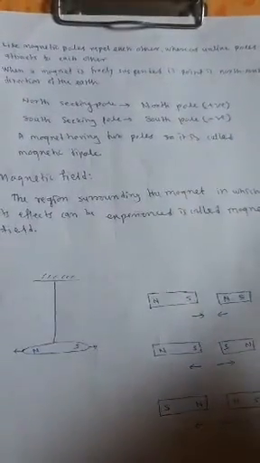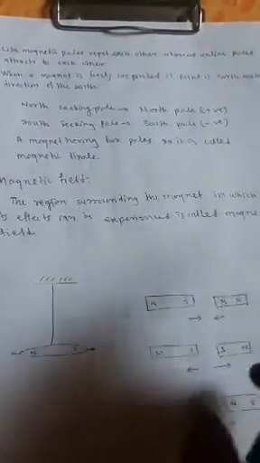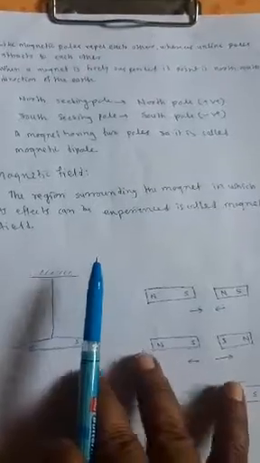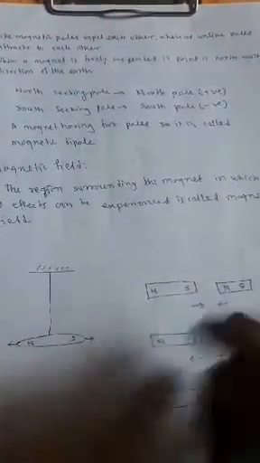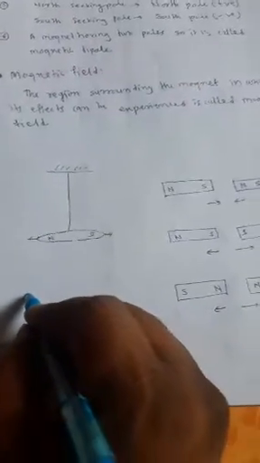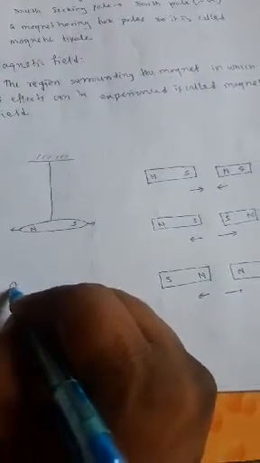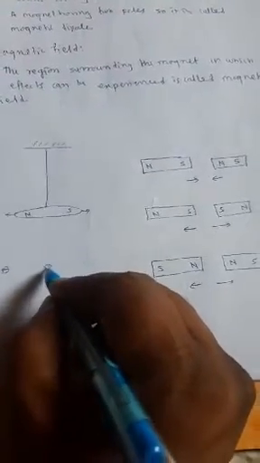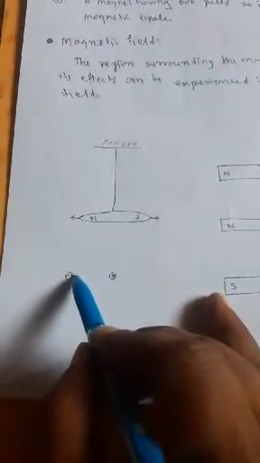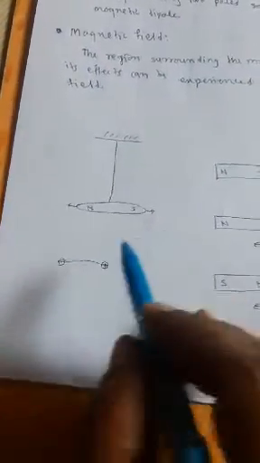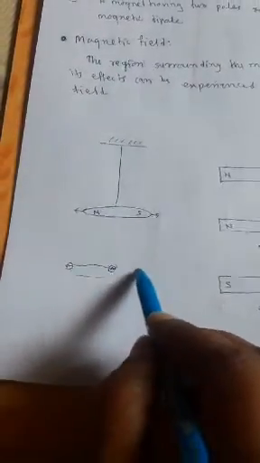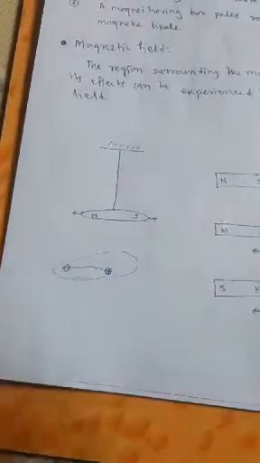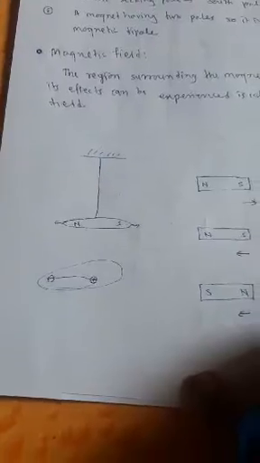A magnet has two poles, so it is called a magnetic dipole. We know that if two opposite charges, say a negative charge and a positive charge, are separated by a finite distance, then this system is known as an electric dipole.